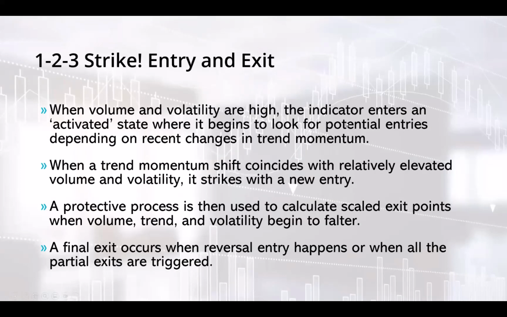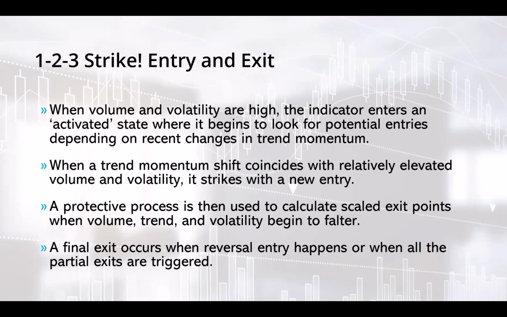Now, what is the idea here? So the first thing that the indicator will do is to look at an increase in volume and volatility. And if this is the case, so if volume increases and volatility increases, the indicator goes into what we call an activated state, basically a pending state, waiting for something in addition to happen.